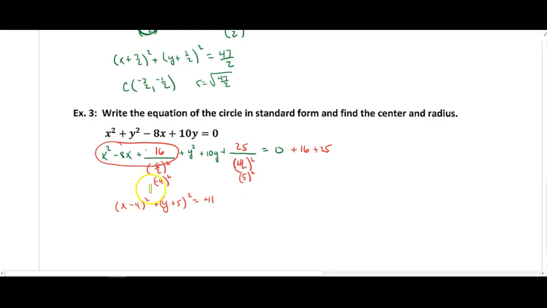What I want you guys to notice is when I take half of b and square it, that's how I get this number. Half of b is right here.